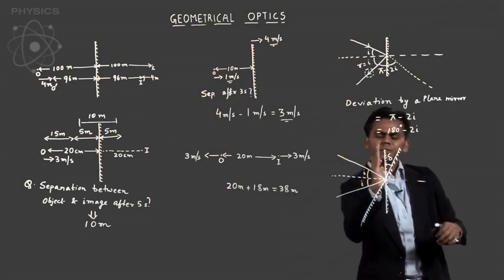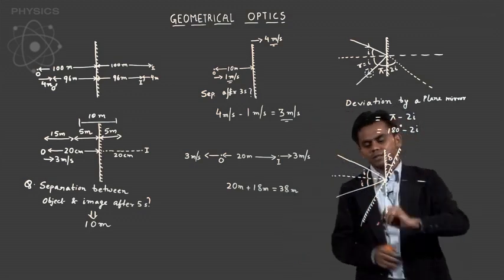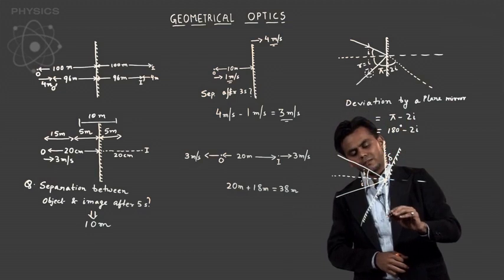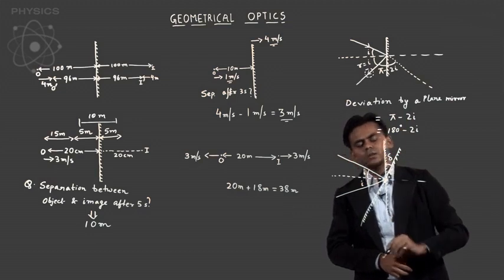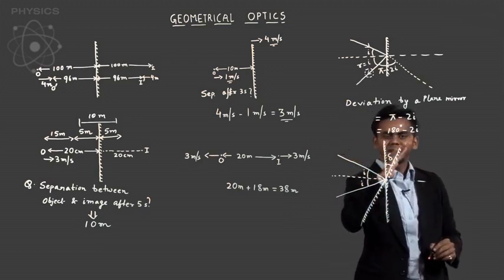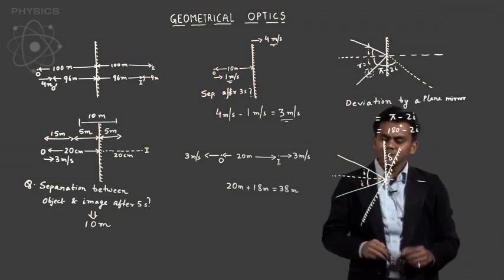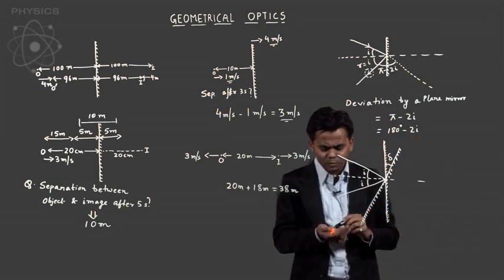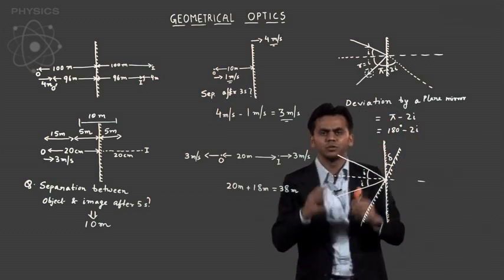If I have moved the mirror by delta, this is the same mirror, see, don't get confused with the length of the mirrors. This is just a freehand diagram, so you could have a small difference over here. But this is the same mirror which has been tilted by delta, which means my normal would also be tilted by delta. I'll tell you one example over here, how to find the angle between two things.